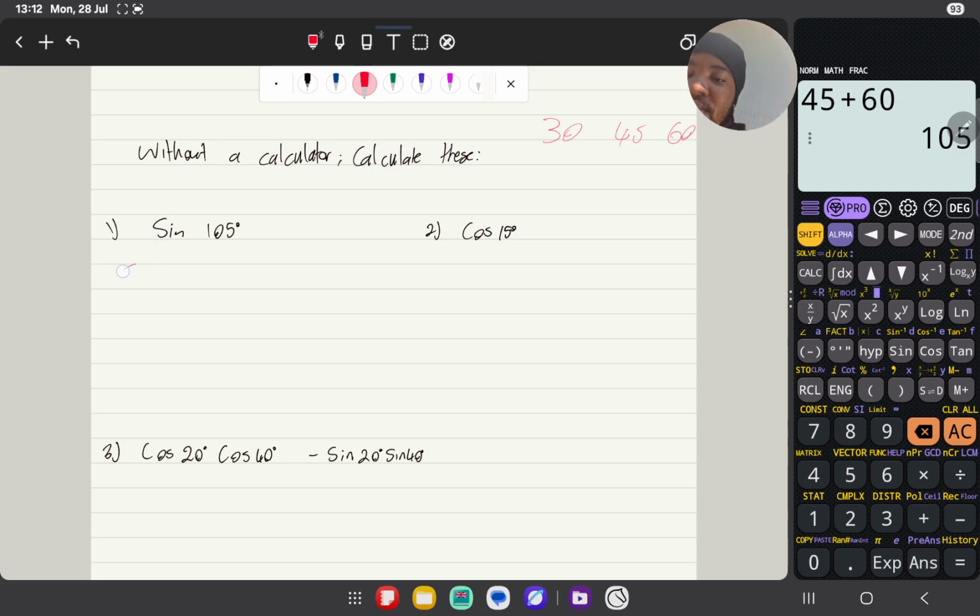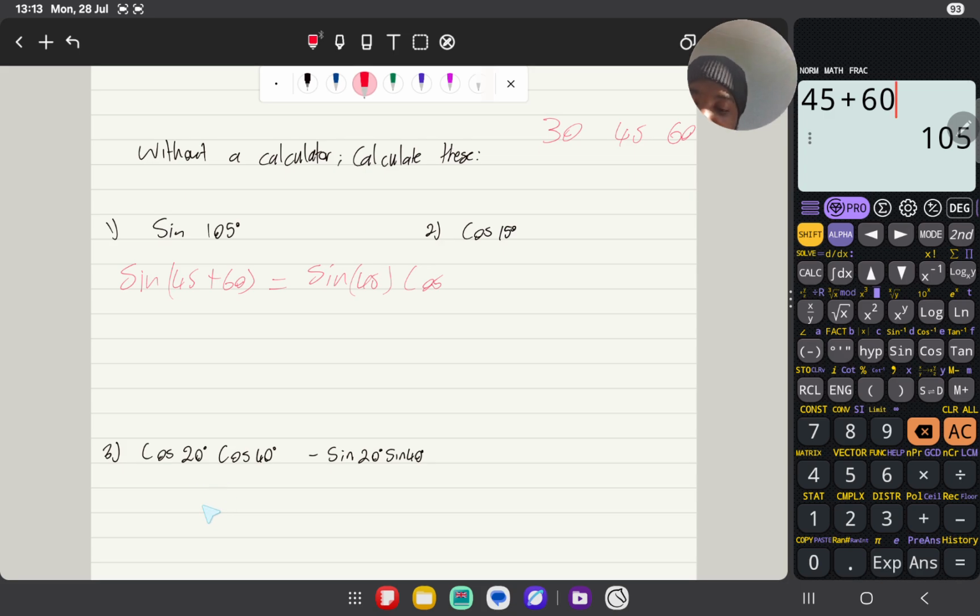So here you go again, sine 45 plus 60. Let's forget about the space. So it's going to be sine 45 and then cos 60. Okay, let me have my triangles.